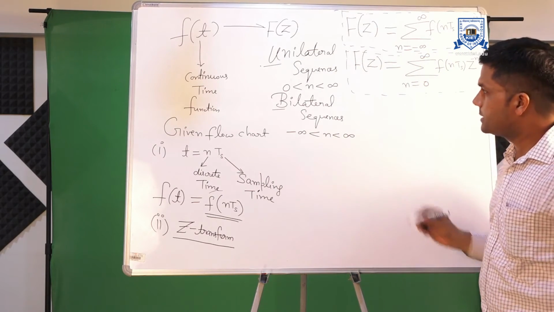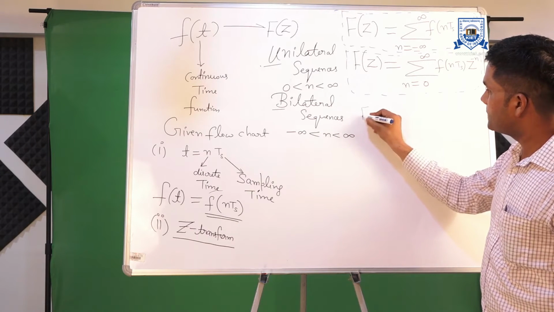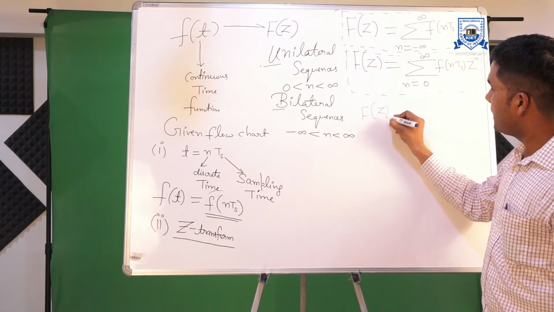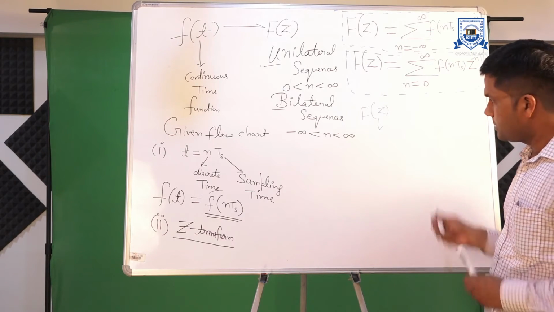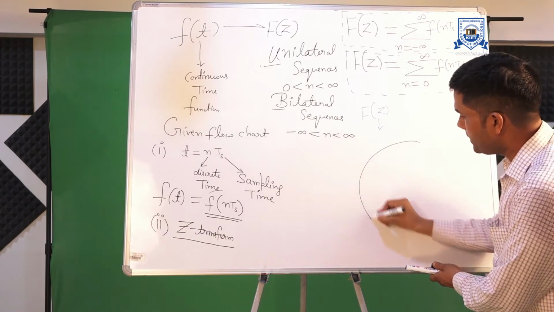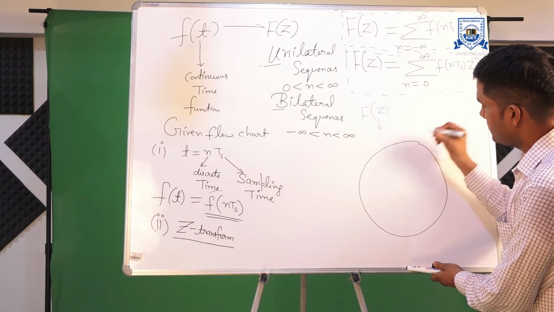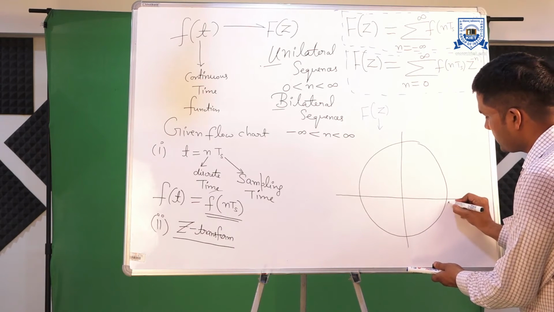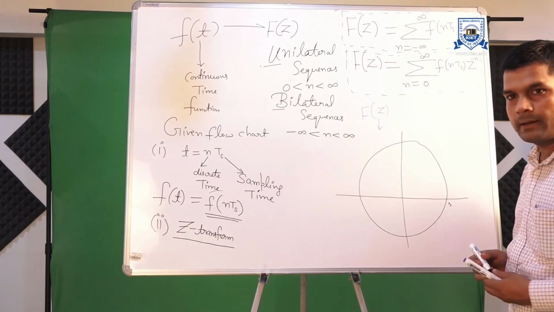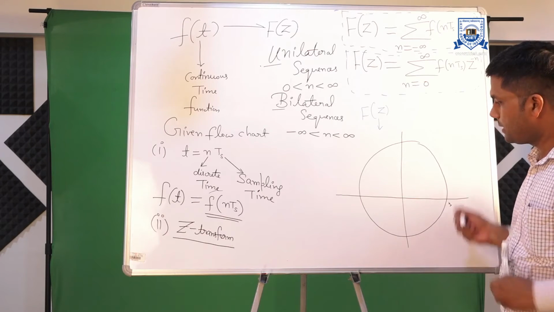The third step is to calculate F(z) and draw the unity circle. This is the unity circle, and we check whether the poles or zeros lie inside.